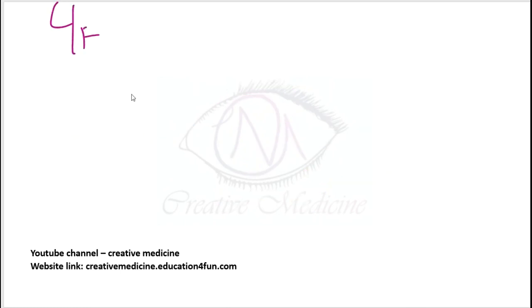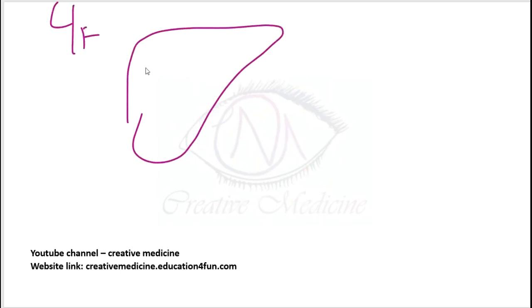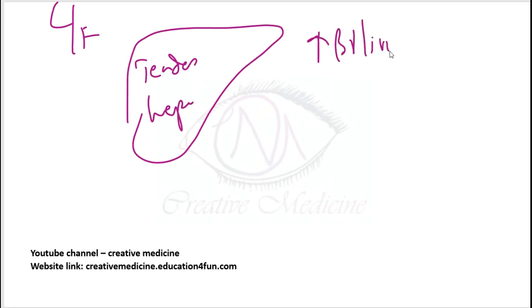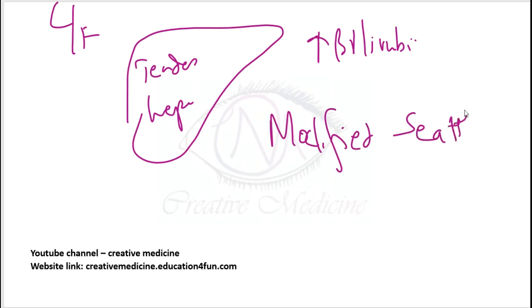If you see the clinical features, there will be tender hepatomegaly in the patients, with hyperbilirubinemia, and there will be retention of fluids. There is something called the modified Seattle criteria.